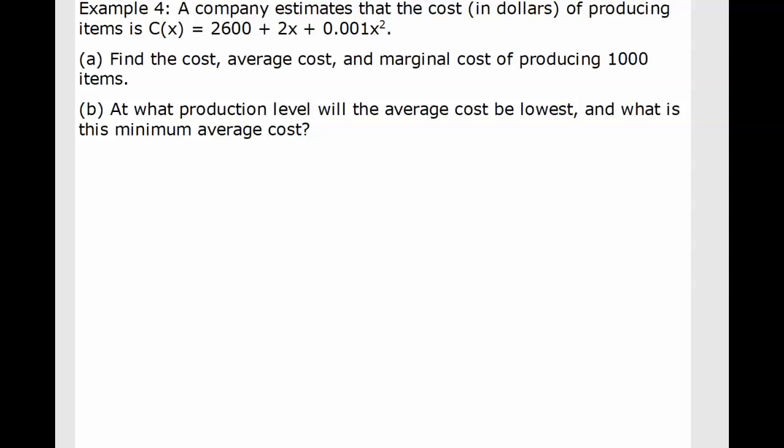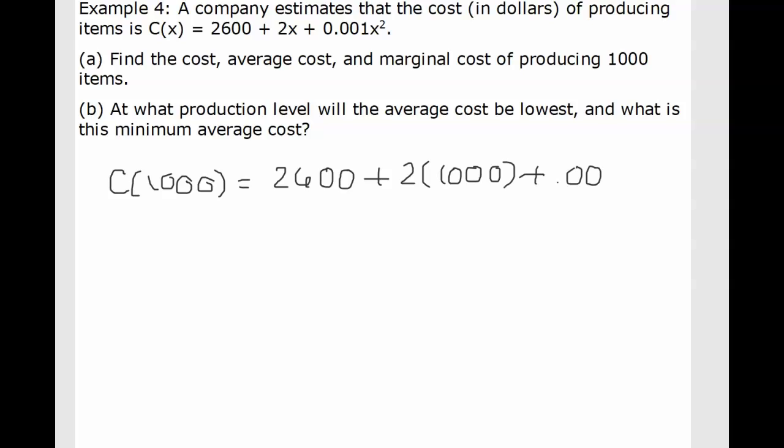So cost is simply plugging in 1,000 into that function. So the cost to produce 1,000 units is $5,600.